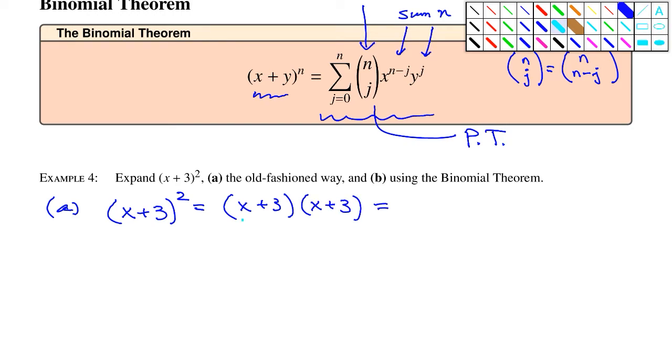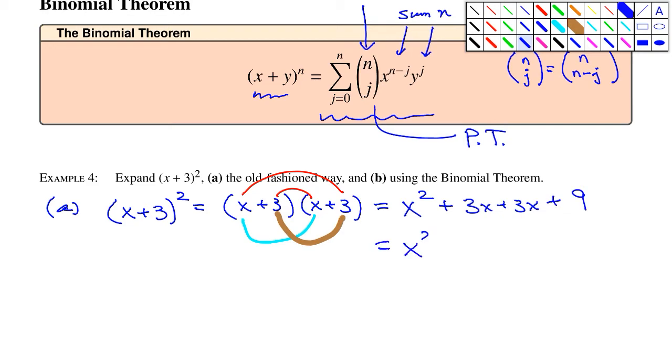And so we're going to get x and x, which is x squared, 3x and 3x, and then finally 3 times 3, which is 9. So this simplifies to x squared plus 6x plus 9. So that wasn't too bad. But now imagine if you had to do x plus 3 to the 7th power. That could get a little out of hand.